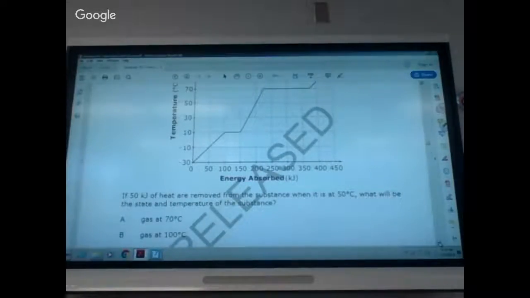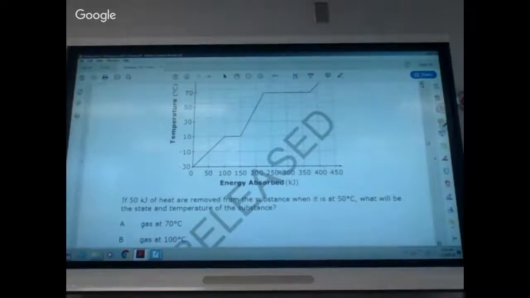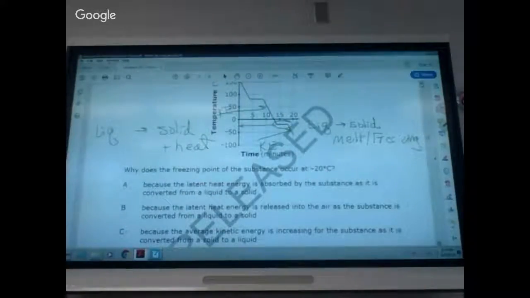Released means it's given off. When you need it to cool down, when you need the heat of the particles to slow down, it's got to be released. Absorbed is when it gets hotter.